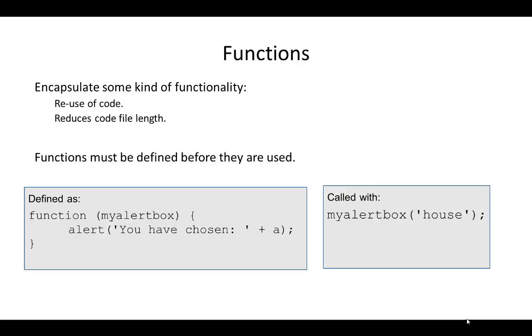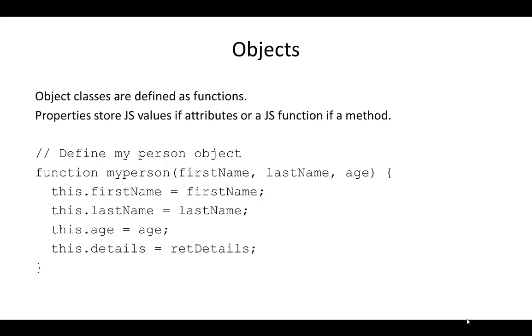In this case, that's a wrong function. It should be function myAlertBox(a), and then you pass in a, and a gets displayed in this case. We call this function with myAlertBox. That's a lousy example. I've got a better one here.